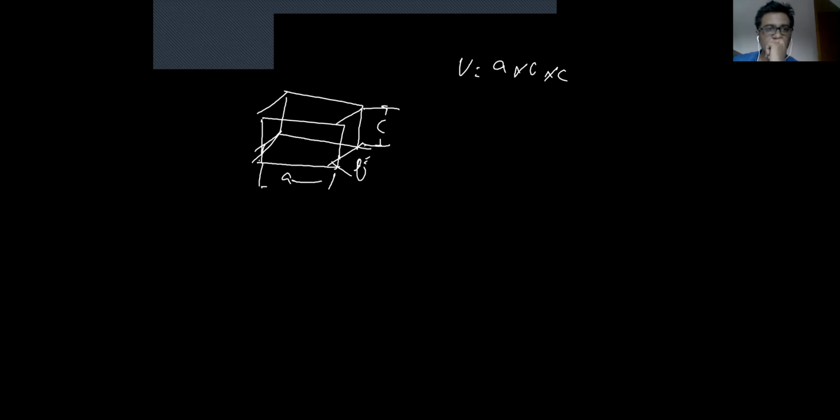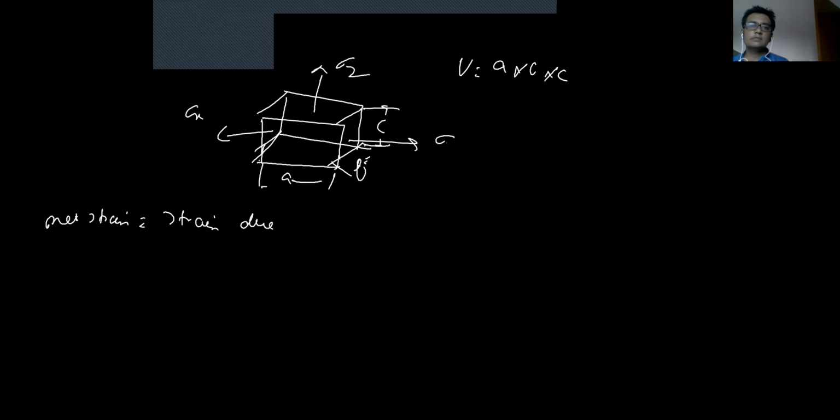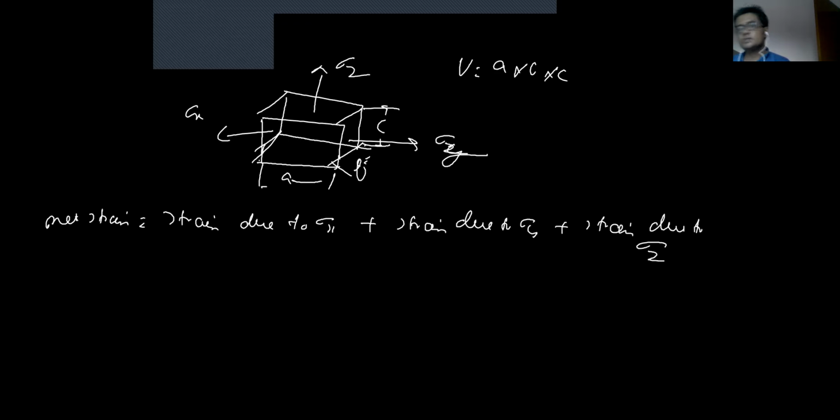Now, what is the net strain? Here we have sigma x, sigma y, and sigma z. Strain due to sigma x plus strain due to sigma y plus strain due to sigma z.